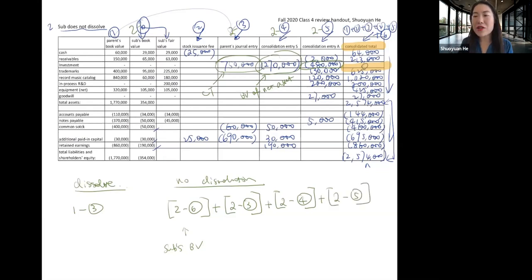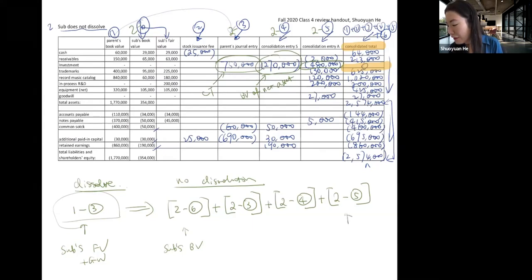So if you look at those journal entries, basically what we do in 1-3 is broken down into 4 journal entries in the second situation. In 1-3, we are recording the subsidiary's fair value, and we are also recording goodwill if there's any. And in 2-6, we're recording the subsidiary's book value. 2-3, consideration transferred. 2-4 is just to eliminate the redundant part, which is the subsidiary's shareholders equity account.